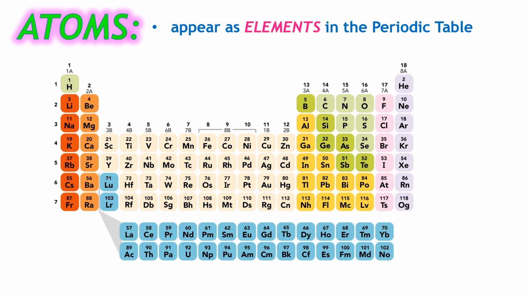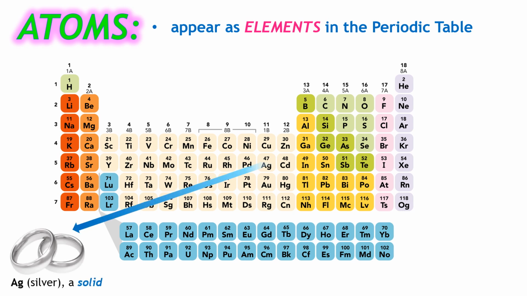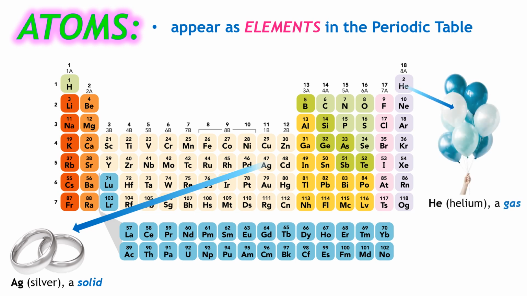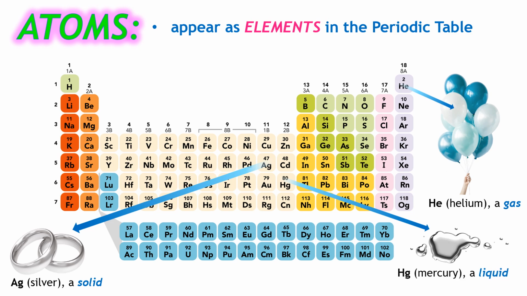All the elements in the periodic table are believed to be made of the same set of particles, and yet they're all so different. We have silver, which is a solid. We have helium, which is a gas. We have mercury, which is a liquid.